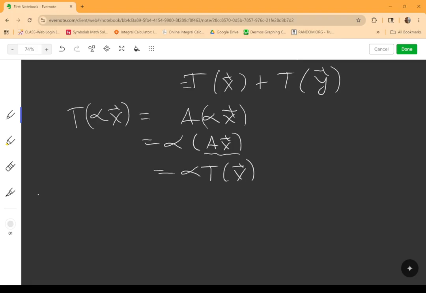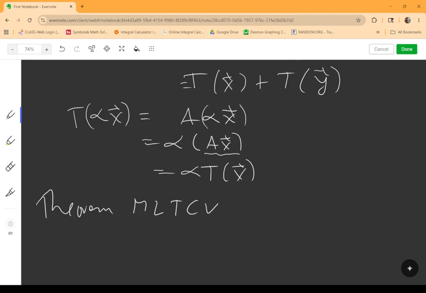Now the second theorem, MLTCV. This is the matrix of a linear transformation.